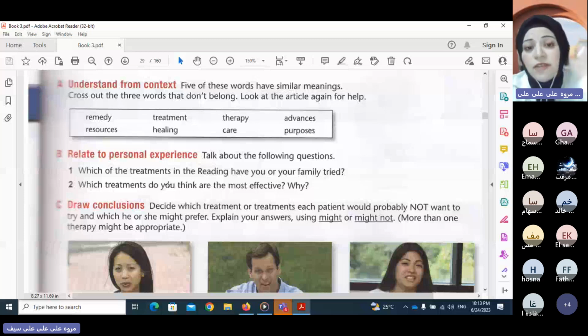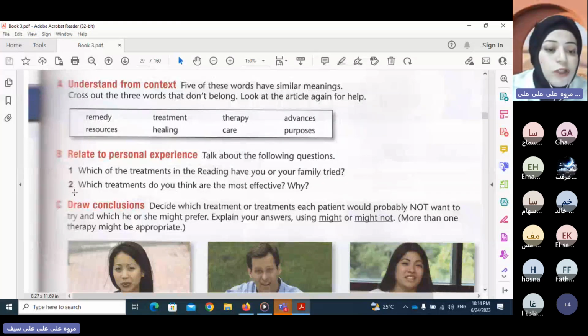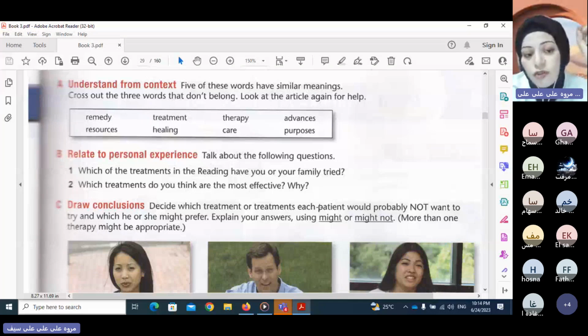So, which of these treatments in the reading passage, in the comprehension we have been tackling a while ago, have you or your family tried? Okay. Number two, which treatments do you think are the most effective and why? We studied like 5 kinds of treatments. Which of these are the most effective according to your opinion, of course, or perspective?